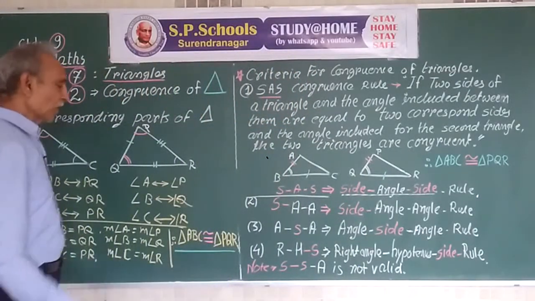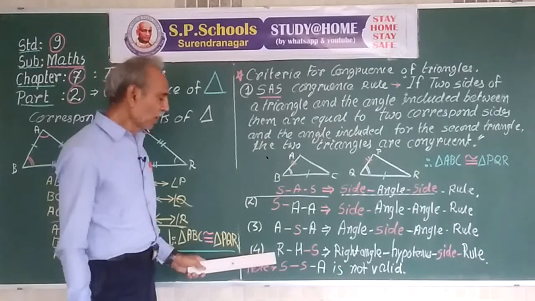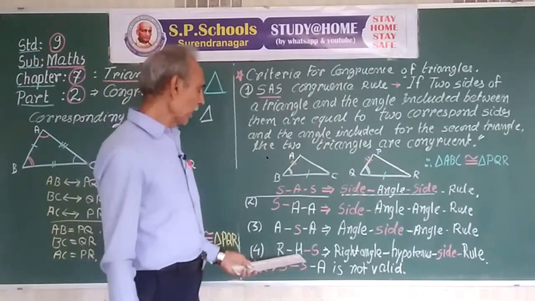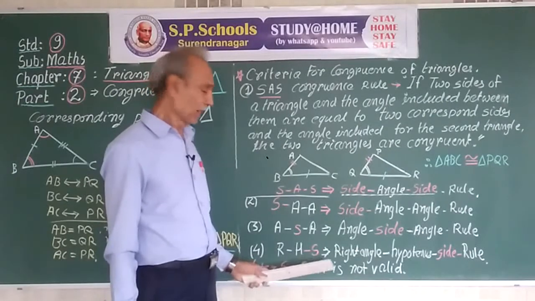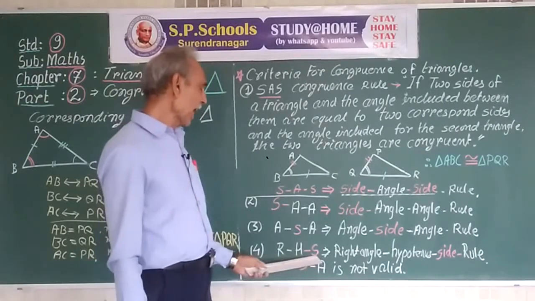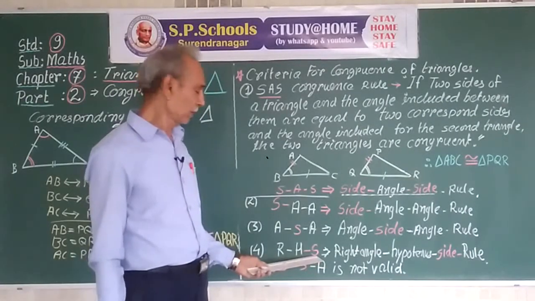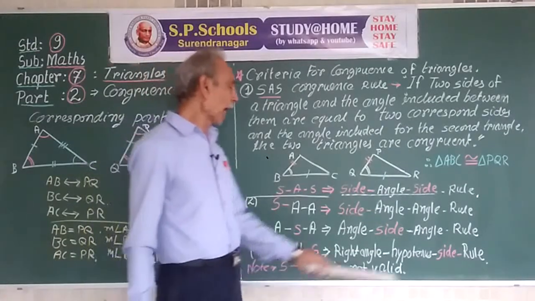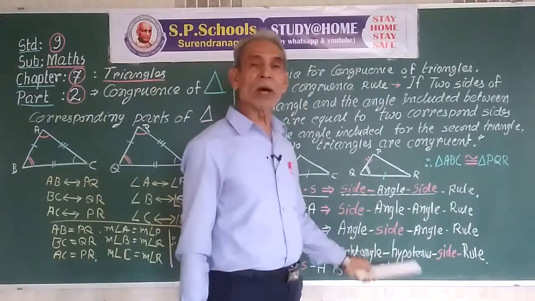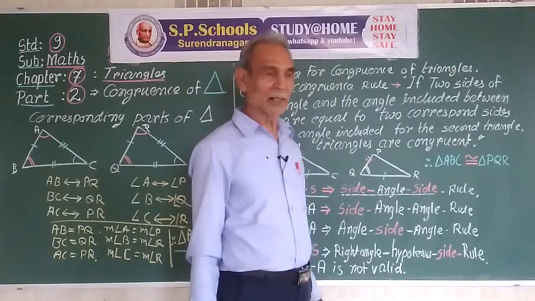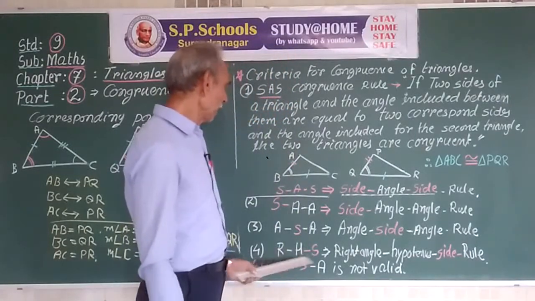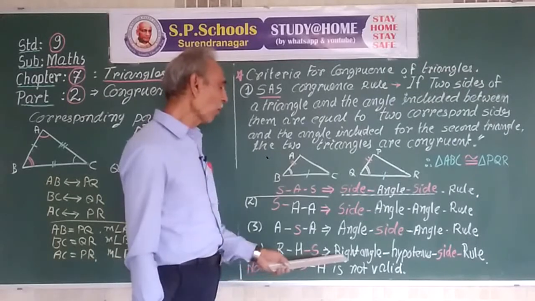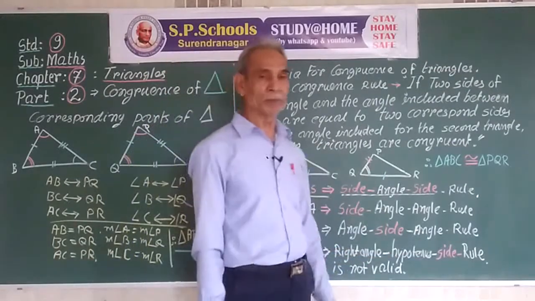So in case of a right triangle, we need only the equality of hypotenuse and a side. If the hypotenuse and side of one triangle are equal in length to the hypotenuse and side of the other right triangle, then these two right triangles are always congruent.